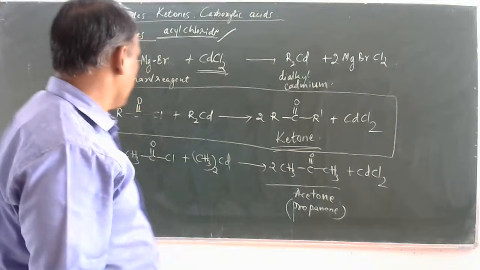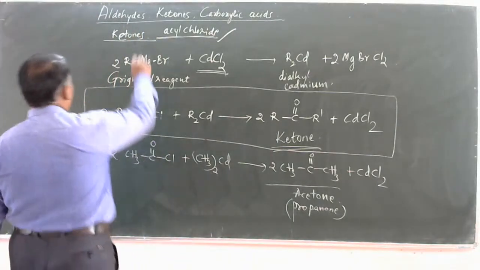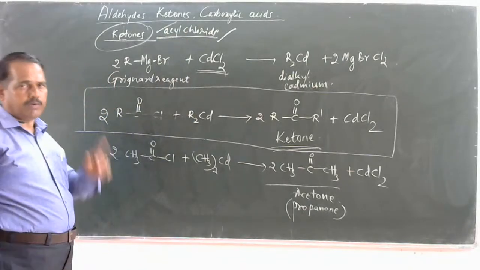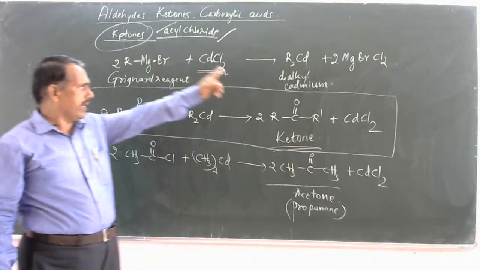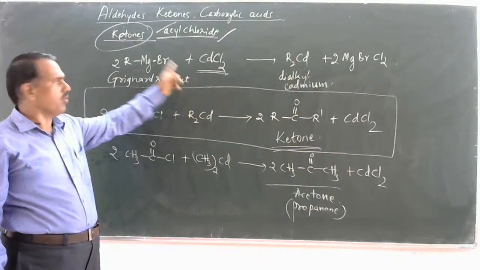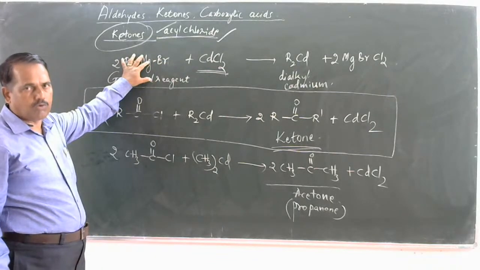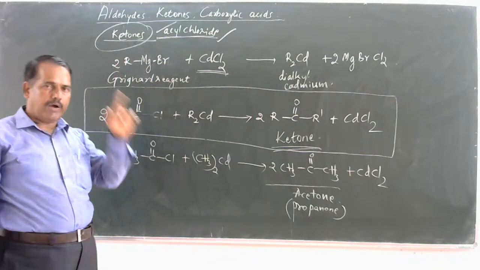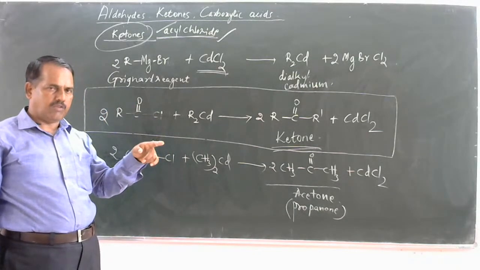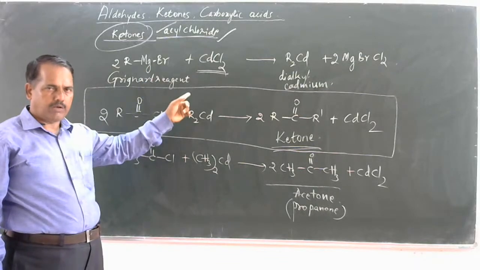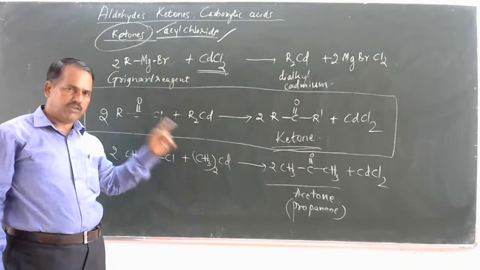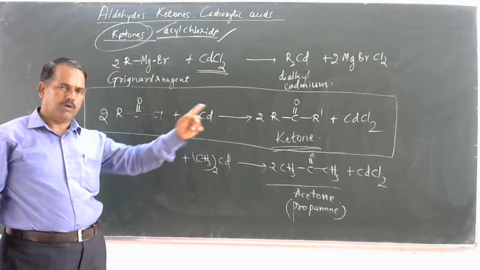Okay, I will repeat again. Ketones are prepared from acyl chloride. First, dialkyl cadmium is prepared by treating Grignard reagent with cadmium chloride. Dialkyl cadmium reacts with acyl chloride to form ketone.